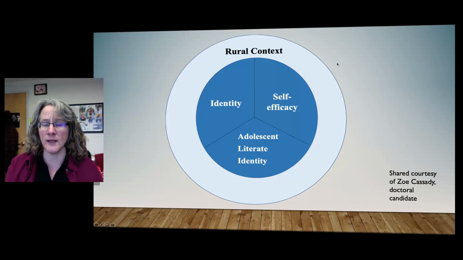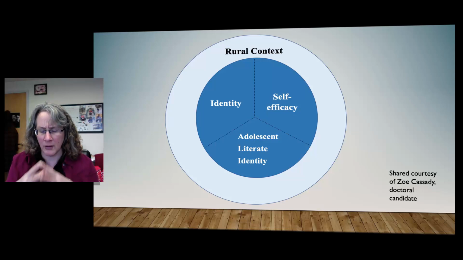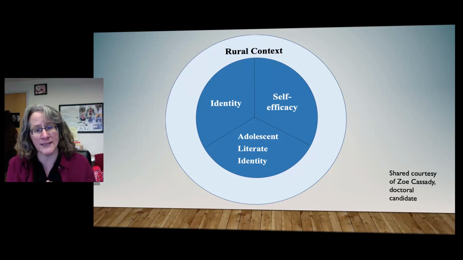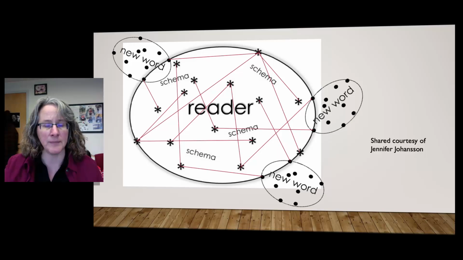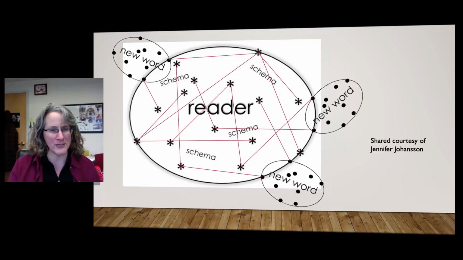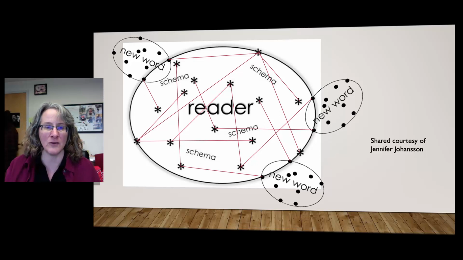This one is very simple, but trying to highlight 3 primary constructs: identity, self-efficacy, and adolescent literacy identity that is connected to and contingent upon at all times the world context and framework through which they live and exist. This interesting one is from Jennifer Johansson, and she was looking at vocabulary acquisition, and it always makes me think of stars, constellations.